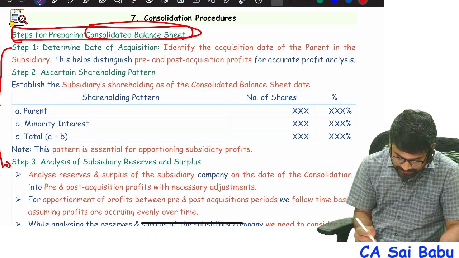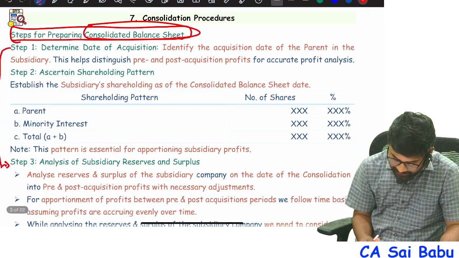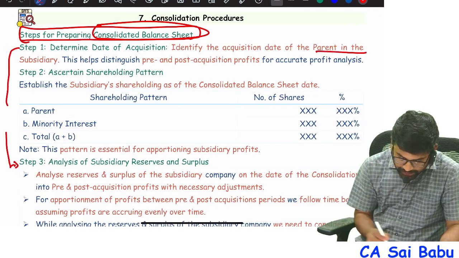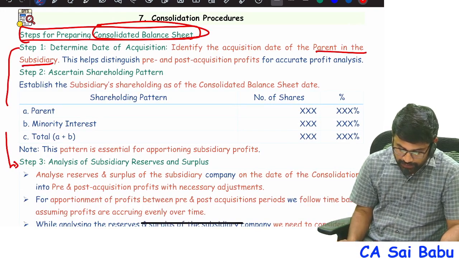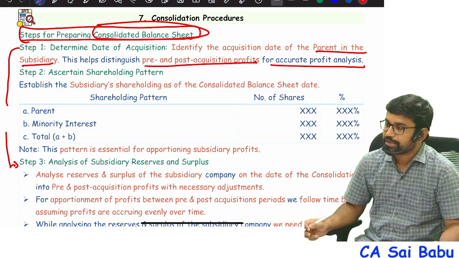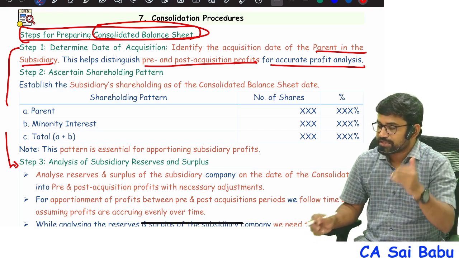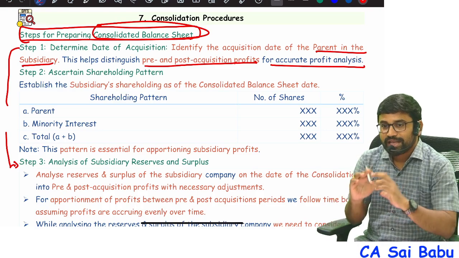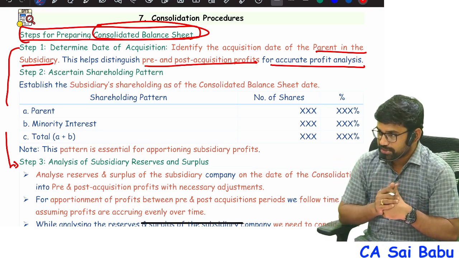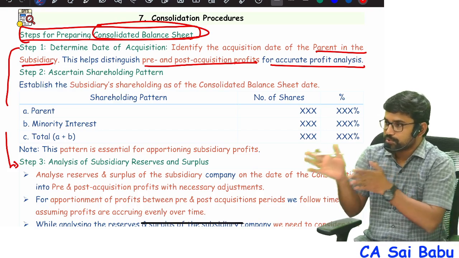So the first step is identify the acquisition date of the parent in the subsidiary company. The main object of determination of date of acquisition is that it helps distinguish pre and post acquisition profits for accurate profit analysis. At the time of consolidation, we need to analyze the subsidiary company reserves and surplus into 2 categories: pre acquisition, post acquisition.